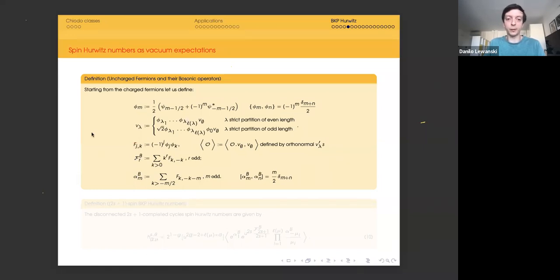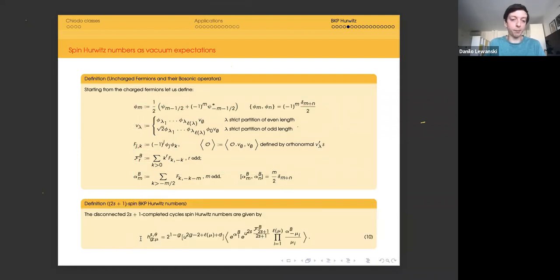Because these uncharged fermions behave a little bit differently, you, in fact, don't need to sum over all integers, but you can normalize them, summing over half of them. But the commutation relation looks basically the same, except for this division by 2. And now the statement is that the spin Hurwitz numbers can again be computed via vacuum expectations of these uncharged fermions.